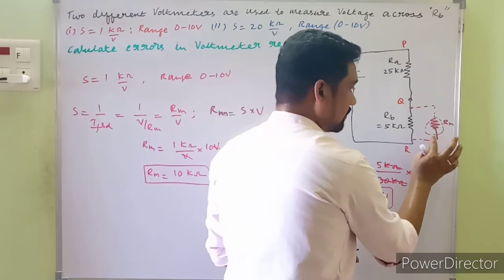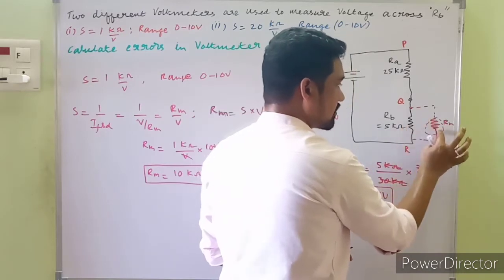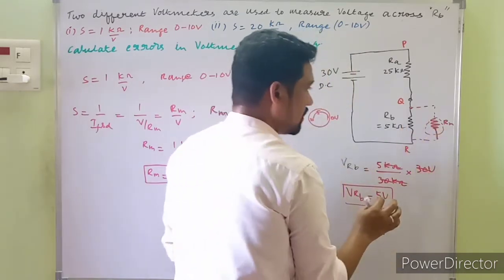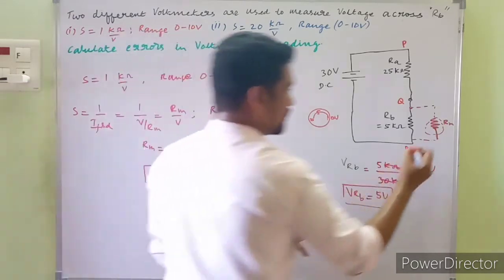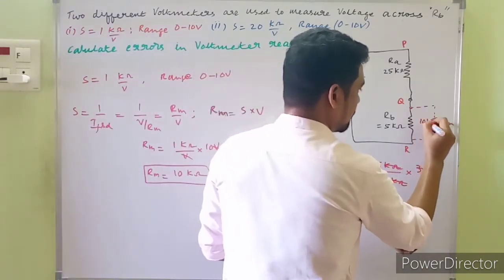We are shunting RB with the internal resistance of the basic meter, which is 10 kilo ohm.